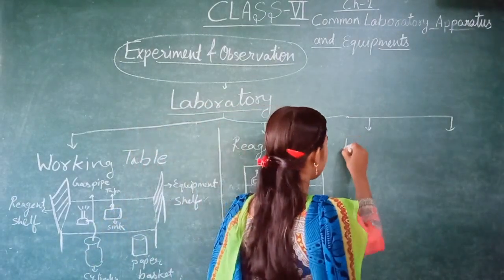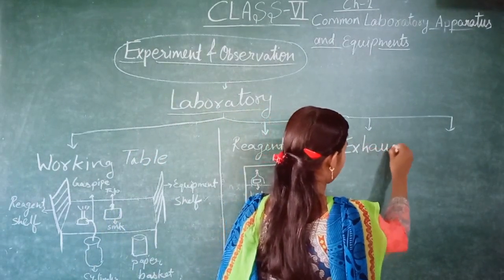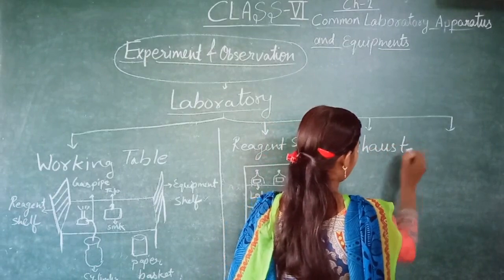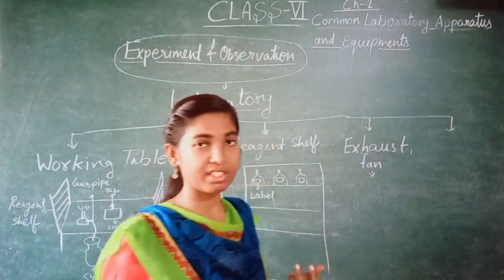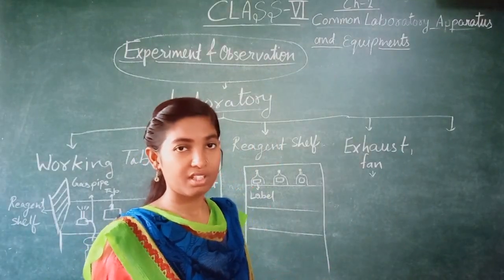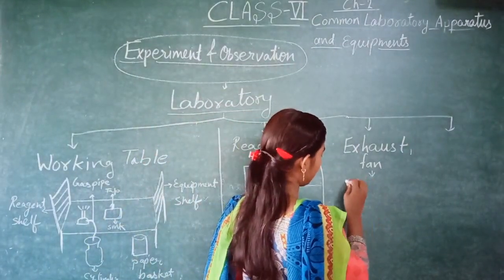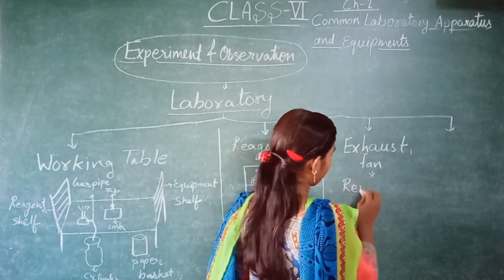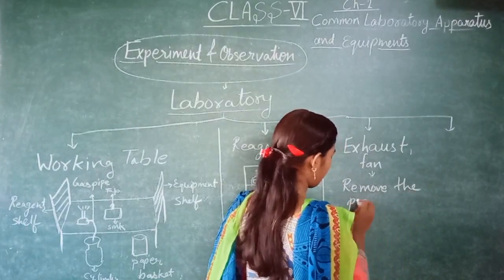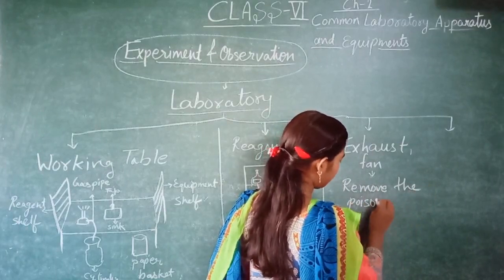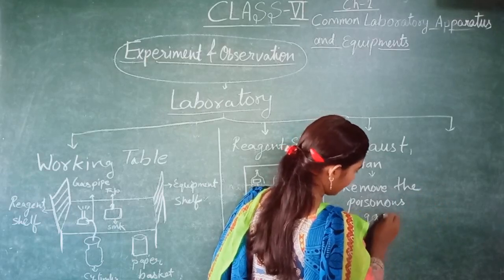So the third thing, very necessary, is the exhaust fan. What this exhaust fan is doing is removing the poisonous gas as well as all the unnecessary gases.